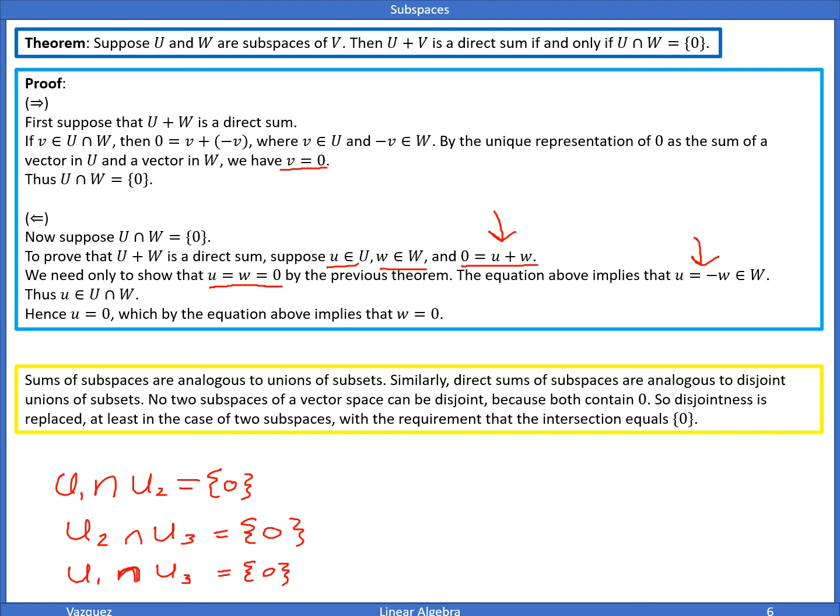Checking them pairwise is not enough. To see that, you can go back to an example we had done and check that these intersections give you only 0, but you'll see that U1, U2, and U3 do not form a direct sum.